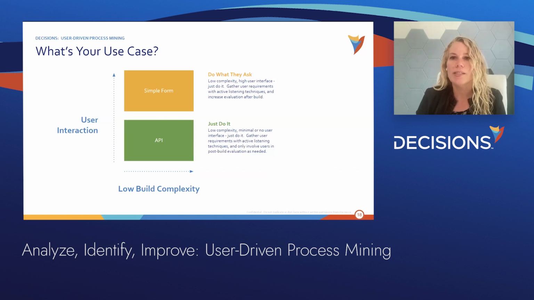It has low complexity. There's minimal or no user interface in the end product. You can gather the requirements by just listening to them, mostly technical requirements, and only introduce those end users in the post-build evaluation process to make sure that it works.